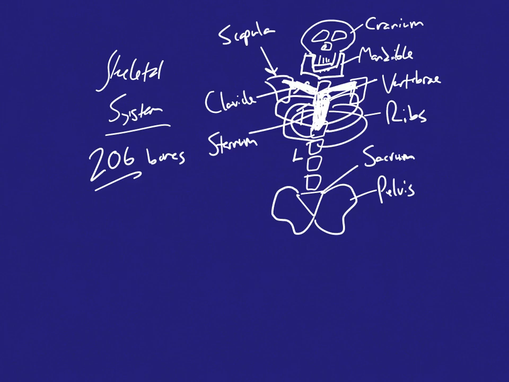Now, everything we've talked about so far is oftentimes referred to as part of the axial skeleton, with the exception of the scapula. The scapula is technically part of the appendages, or what we call the appendicular skeleton. So if we talk about the upper appendages, the upper part of your arm is called the humerus.